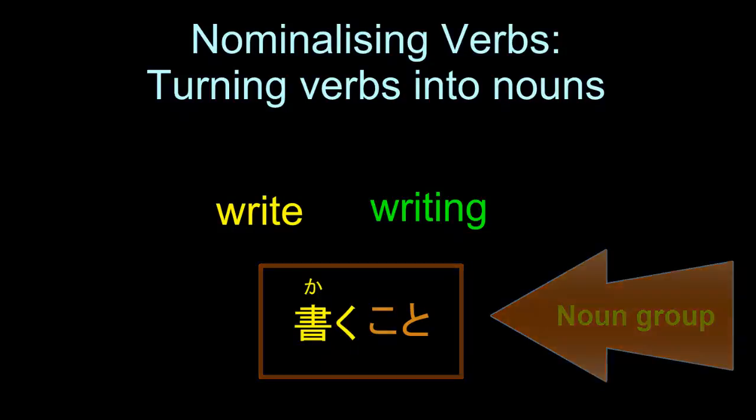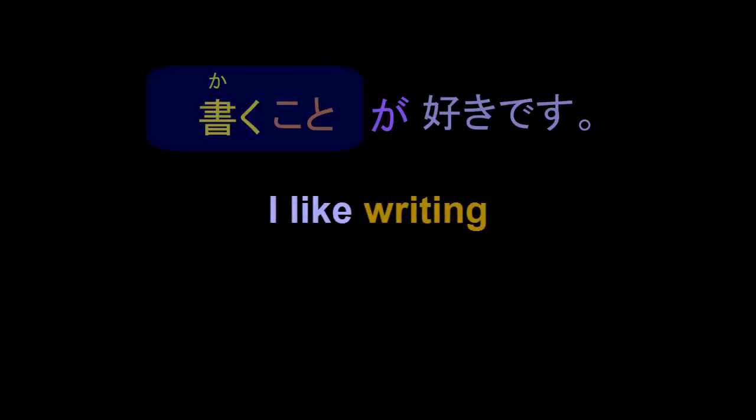Let's make a couple of examples. We're going to begin by making the sentence, I like writing. Writing is the thing that we like, so it goes at the beginning of our sentence. Now we use particle ga after the thing we like to indicate that's what we like. And then we finish it with suki desu, I like. So, kaku koto ga suki desu.